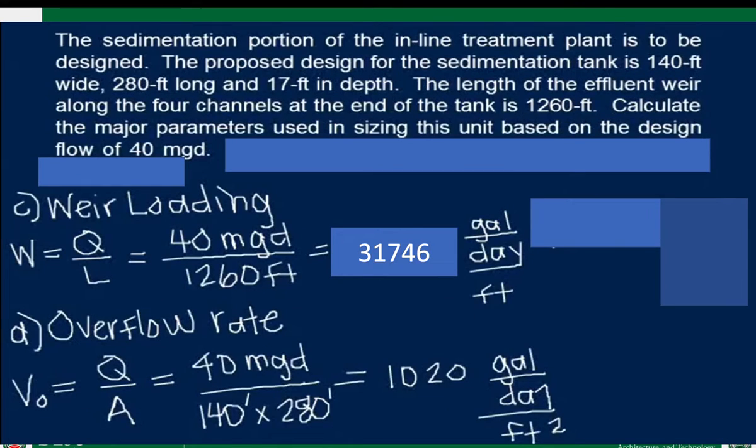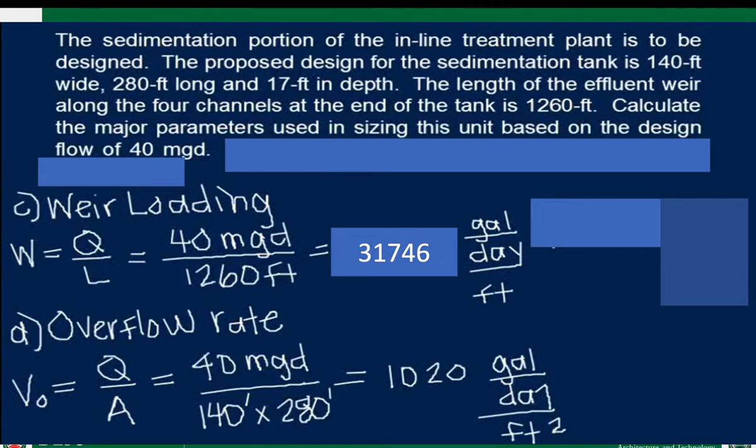And for the weir loading, it is equal to Q over L. It is given that the flow rate is 40 million gallons per day divided by 1,260 feet. So that is equivalent to 31,746 gallons per day per foot.